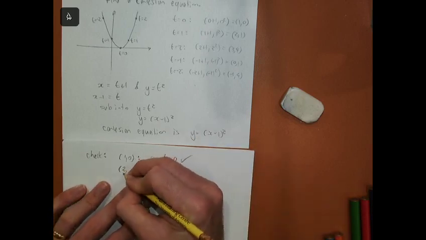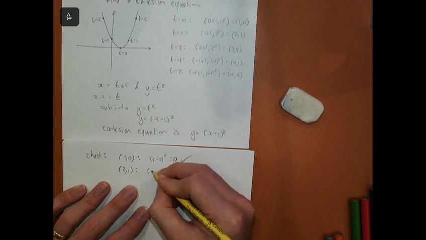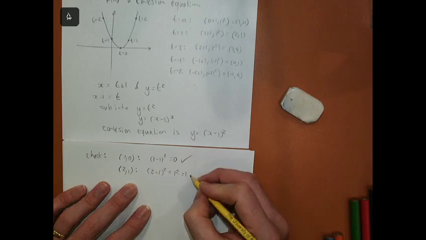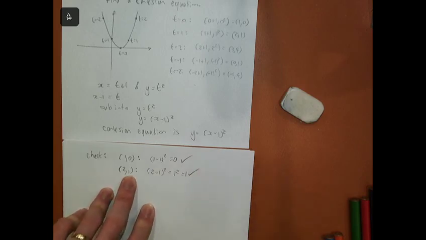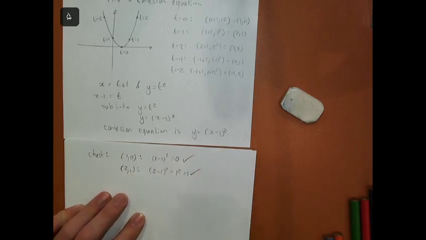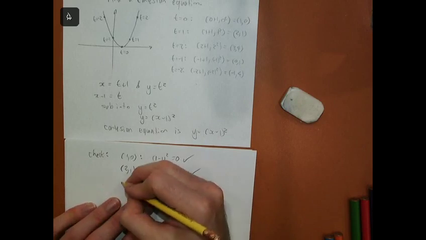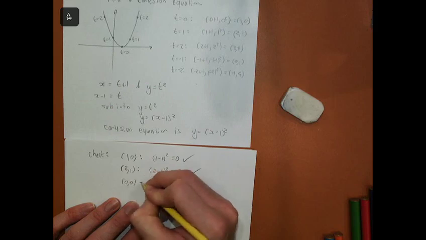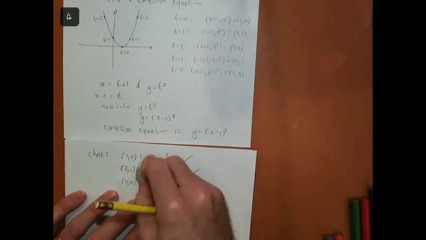And let's try 2, 1. 2 minus 1 squared is 1 squared, which is 1, which is the correct y-coordinate. Excellent, so that point works as well. And let's pick a point that isn't on the curve. How about 0, 0? So when I sub that in, it shouldn't work.